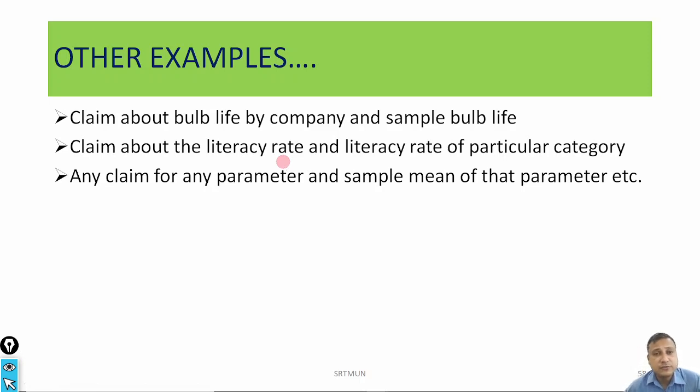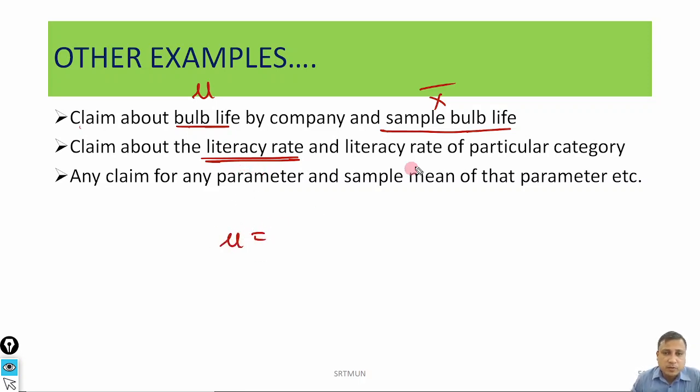Now here are a few examples where we can perform the one sample t test. For example, suppose a bulb company claims something about the bulb life. Then we choose some samples, collect the information, and then try to find out whether there is any difference between the two. Now the claim about literacy rate: suppose you know the mu, and you collect the information on the literacy rate of a particular category from a particular region.